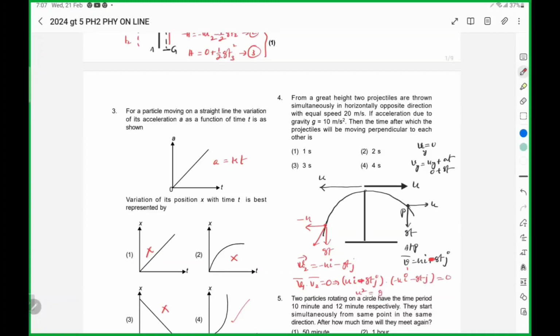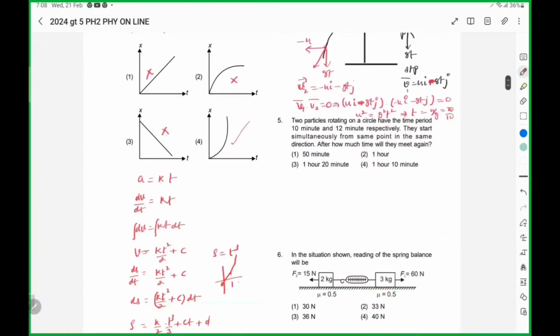So u square is g square t square, t will be u by g, 20 by 10. It takes 2 seconds for the velocity vectors to be perpendicular.